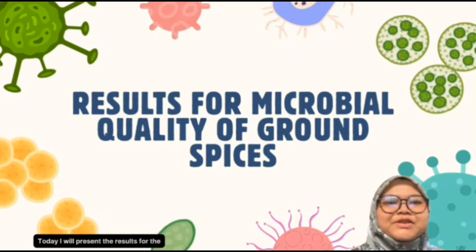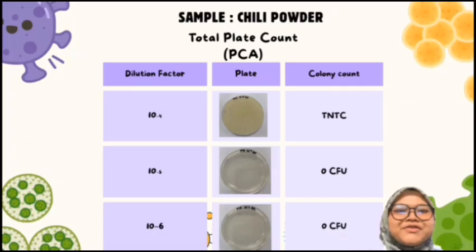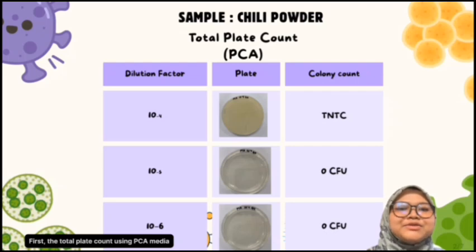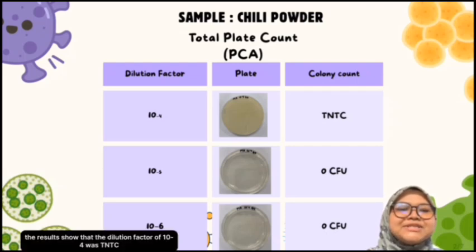Today, I will present the results for the microbial quality analysis of ground spices, which is chili powder. First, the total plate count using PCA media. The results show that the dilution factor of 4 was TNTC, while no colonies were observed at 5 and 6 dilutions.